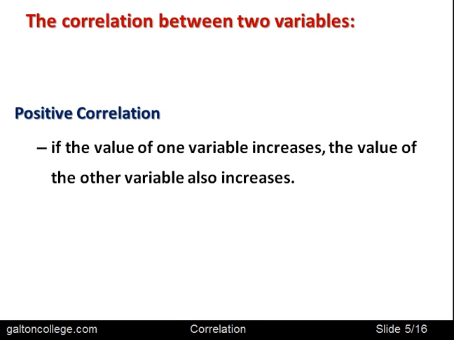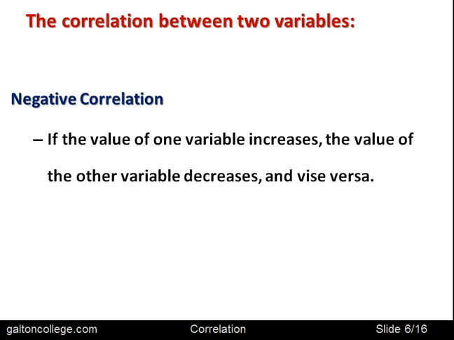If both are falling, they're moving in the same direction, so it's positive. A negative correlation is when one set of numbers starts to increase and the other one, let's say, stays the same or decreases. Generally speaking, decreases. So as one set increases, the other set decreases, that's a negative correlation.